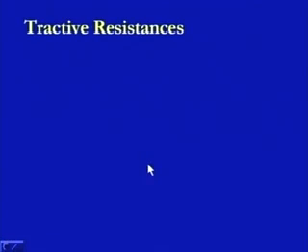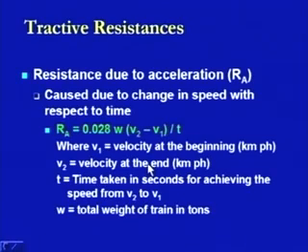This is related to the starting, that is the inertial effects which will be there. In the case of the acceleration, it is with respect to the change in speed, that is from V1 to V2 within a time t. In that case, this resistance is defined as 0.028 W into (V2 minus V1) divided by t.